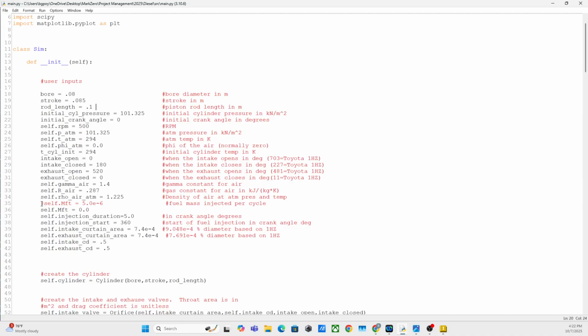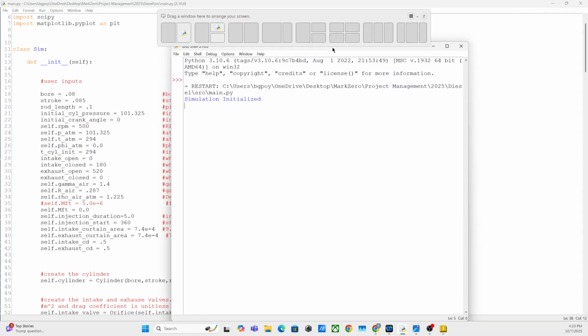And right now, this little hash mark means comment, which means this is ignored. Right now, this MFT is how much fuel I'm injecting per cycle in kilograms, and I'm putting it at 0. So I'm going to run this simulation as if there's no fuel being injected. It's just spinning free at 500 RPM. Imagine like something hooked up to it, forcing it to spin at 500 RPM. And we'll see what kind of things develop inside of the cylinder.